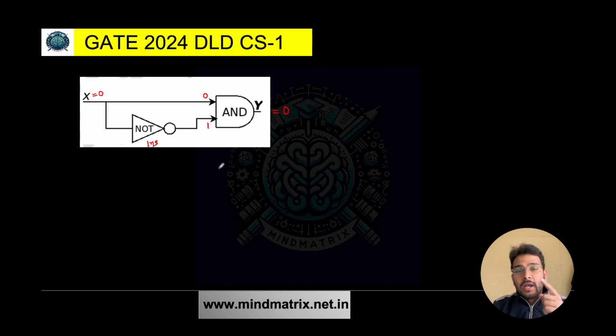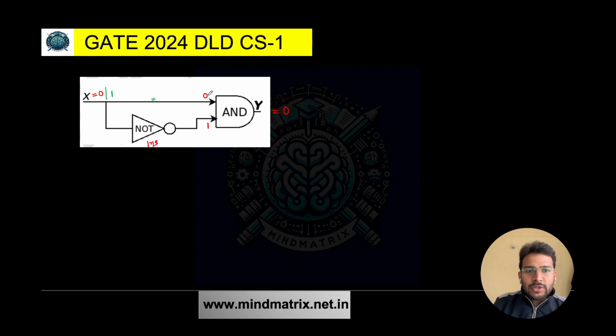Fine. Now we have to see when I make a transition for x from logic 0 to logic 1, what can happen. So if I make a transition from logic 0 to logic 1, I'm going to change the value of 0 to 1 instantly. There is no delay in this one, right? In this one there is no delay because wires are having no delay.